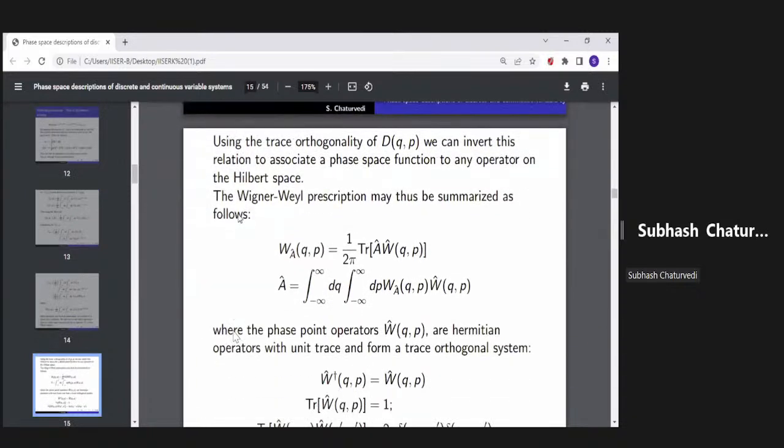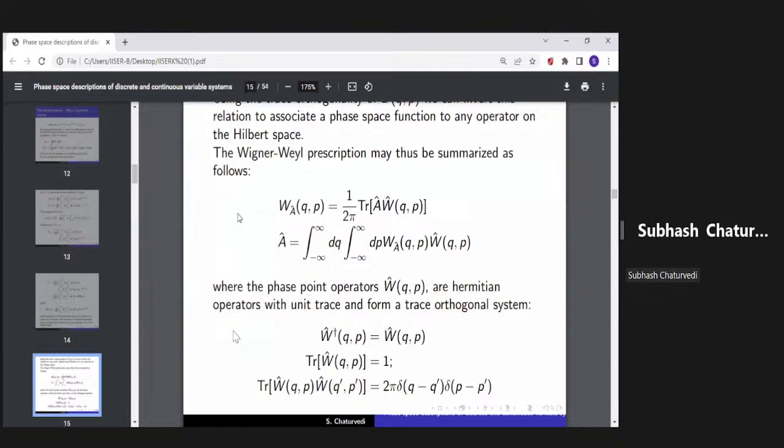prescription. So the Wigner-Weil prescription is as follows. Given an operator A, and given these phase point operators as defined above, we can pass from this operator to a phase space function WQP.